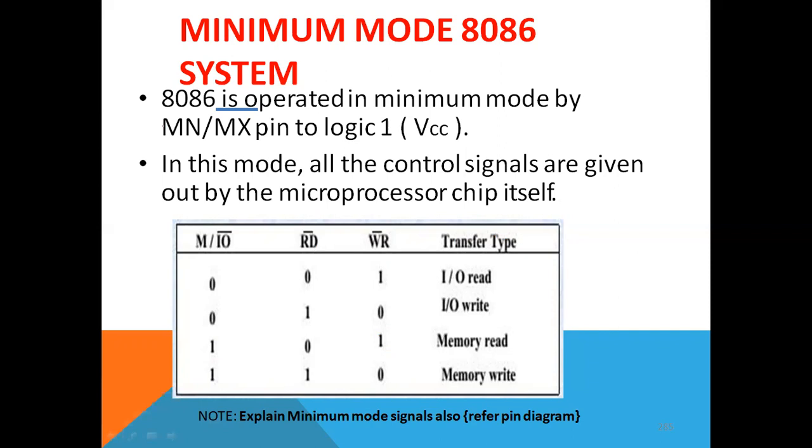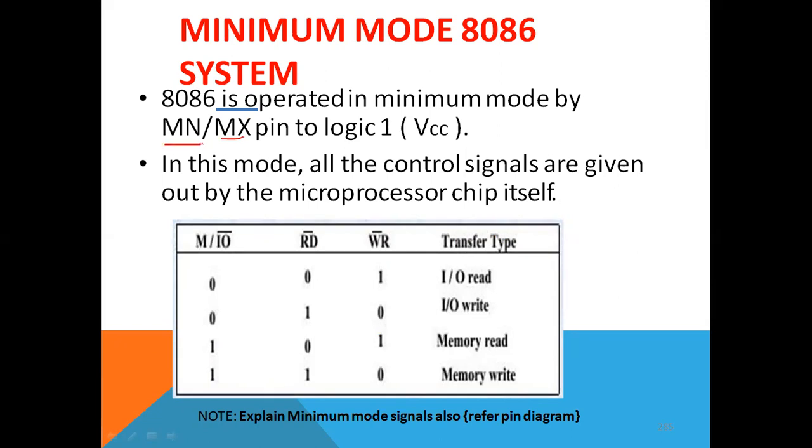Minimum mode means only one processor controls all the memory devices and I/O devices. Maximum mode means one or more processors control all the devices, like memory and I/O devices.